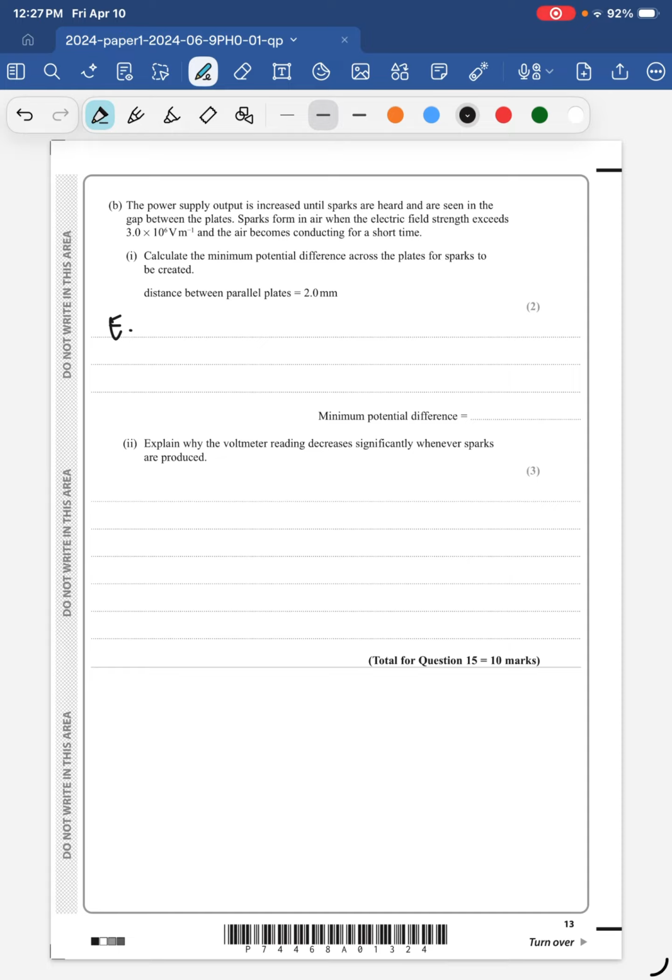We can simply use E is V over D. Therefore V is E times D, so 3 times 10 to the 6 times 2 times 10 to the negative 3 yields 6,000 volts. Quite high.